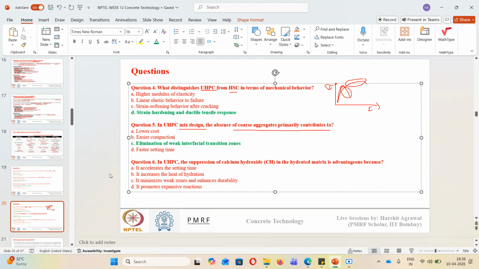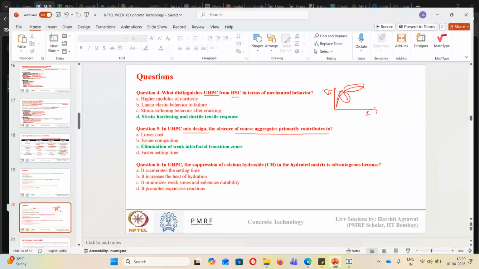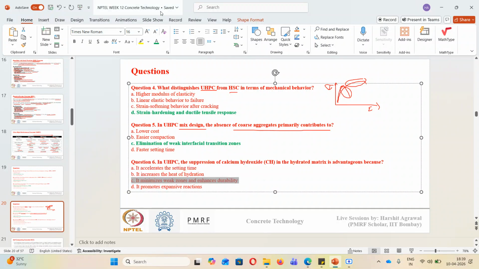In UHPC, suppression of calcium hydroxide in a hydrated matrix is advantageous because, yes, the correct answer is C. So what happens with calcium hydroxide?